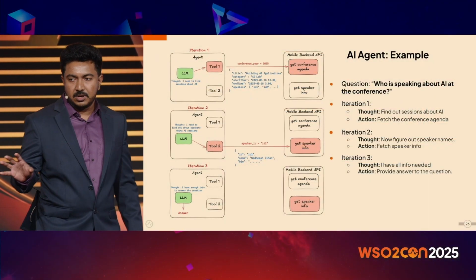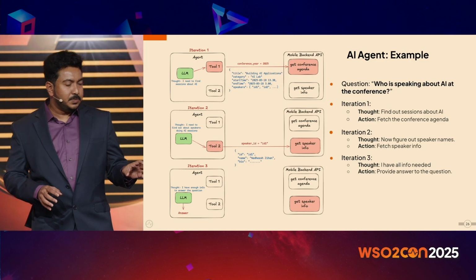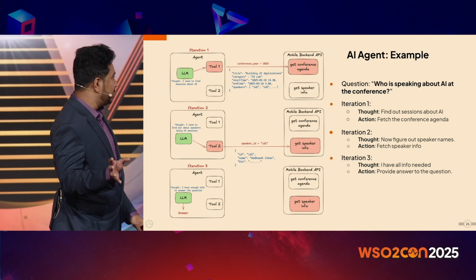So then it has to think, okay, now I need to figure out who the speakers are using these IDs. So the agent has to talk to the speaker endpoint, an endpoint that can fetch the speaker information. It will fetch the information relevant only to the AI sessions, the speakers who are speaking at the AI session, not all the speakers.